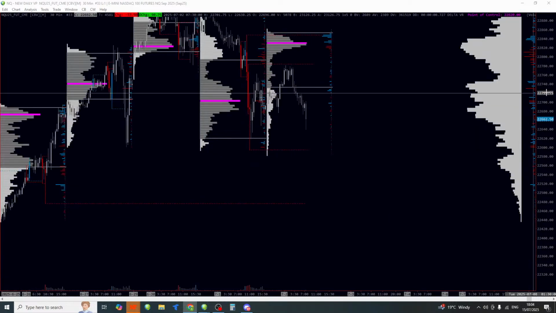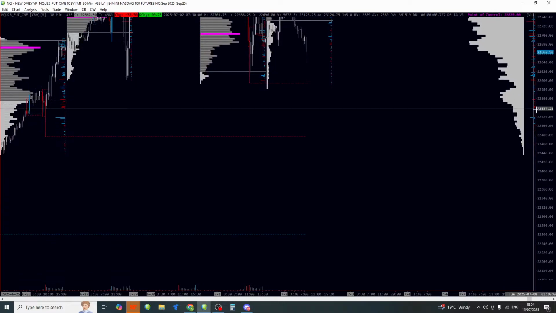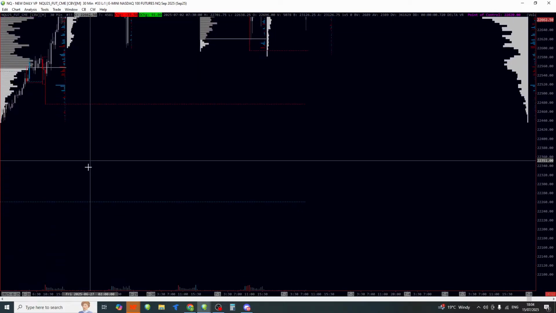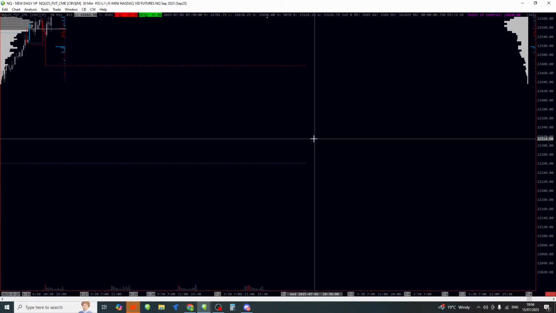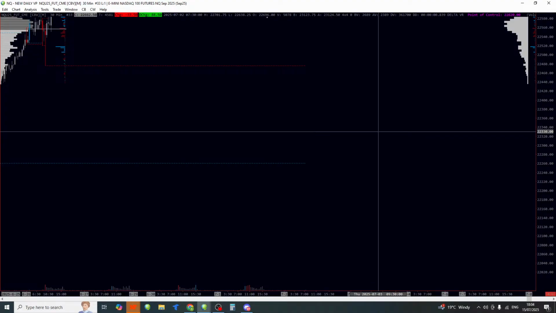So auction market theory is basically a principle of price forming a balance, deviating away from that balance, and then returning to that balance, right? Essentially, price will form a balance somewhere, and then it will break out of that balance. You can identify that balance zone there.